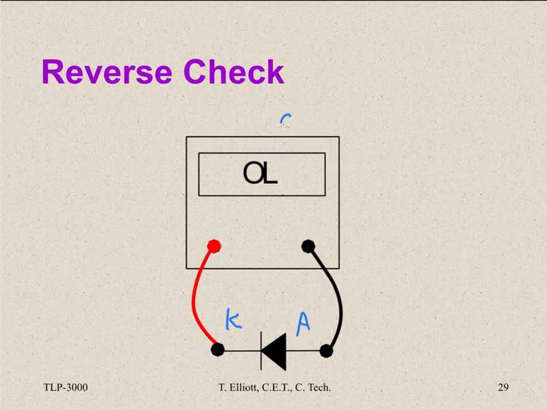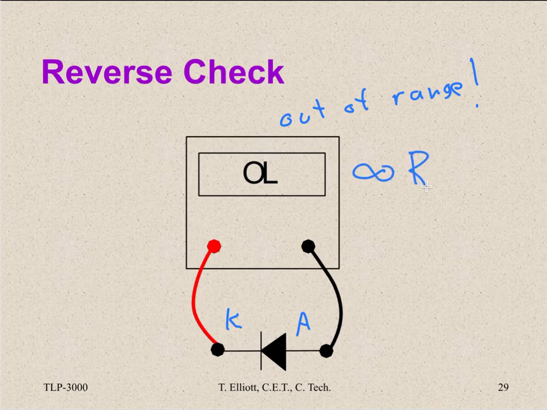OL means out of range. It does not mean overload. It's a personal pet peeve. That just means it's ideally infinite resistance, or the resistance between the anode and cathode is infinitely high. It's infinite.